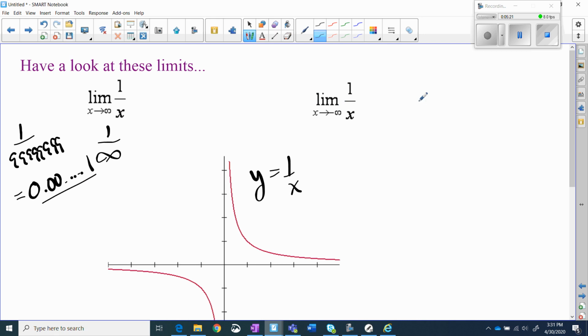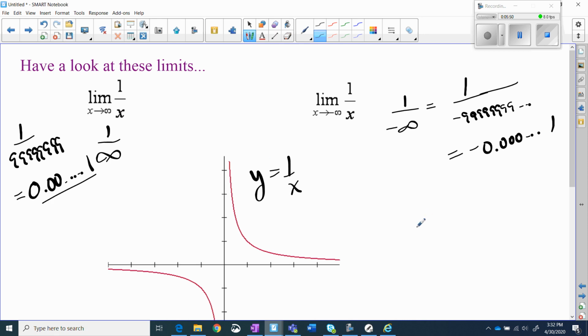Versus here, let's say I go 1 and I divide by negative infinity, because x is going to negative infinity. That would be something like 1 over negative 9999. So it's a really, really small number. When you divide that out, you're still going to get very, very close to 0. The only difference, instead of getting positive 0.0001, you're going to get negative 0.00001.